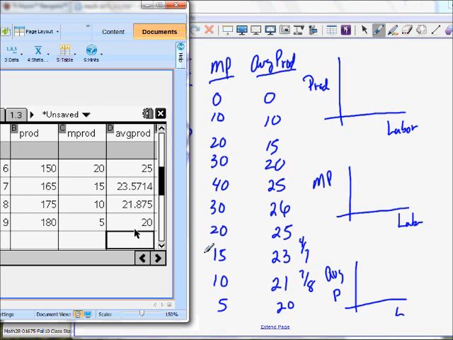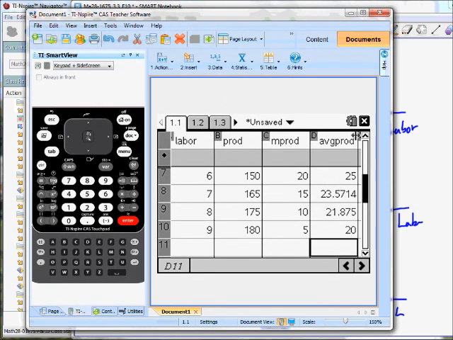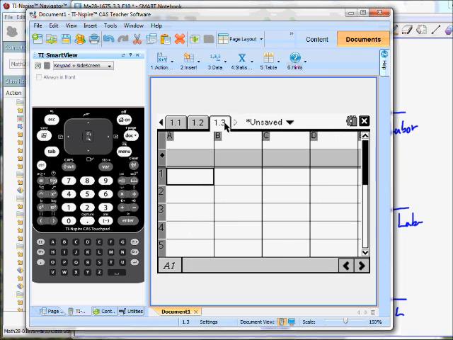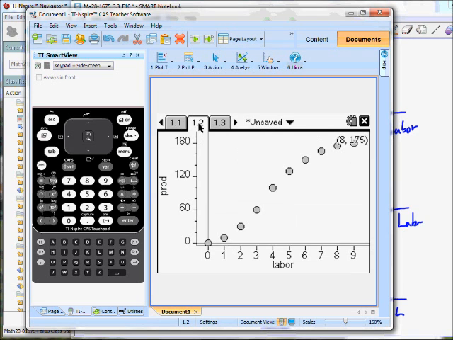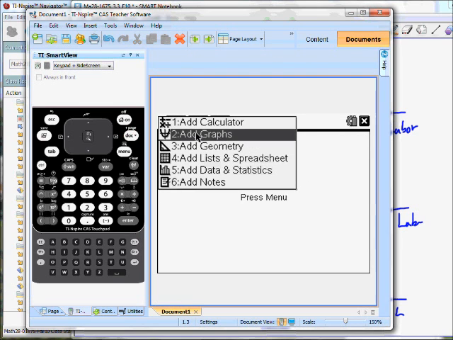Now, I'm not sure, I've never tried this before. On that same page that we did the other one, I'm not sure I can do more than one graph on there at a time. But what I can do is go to graphs and geometry.